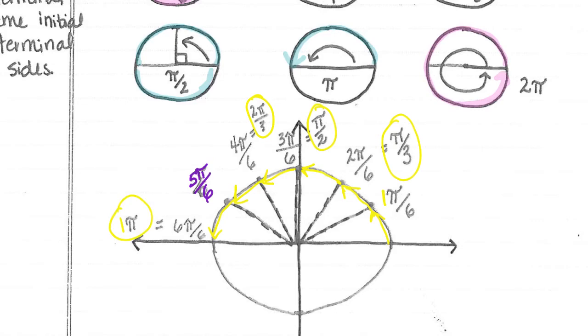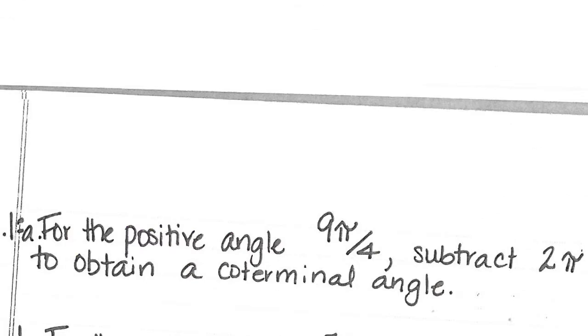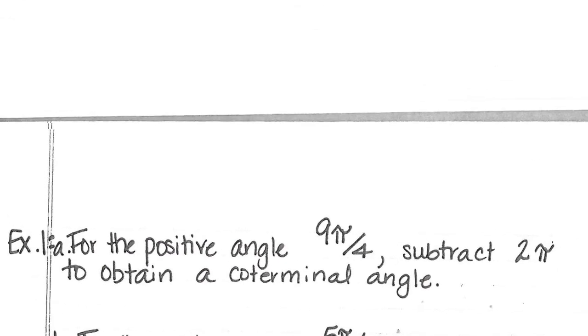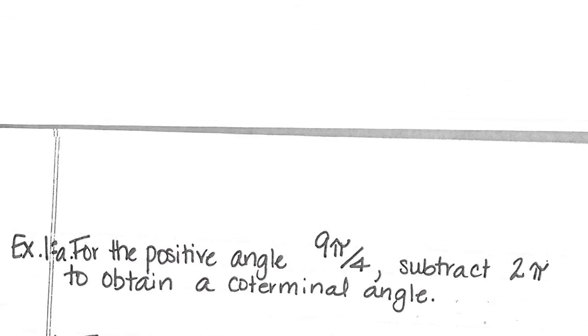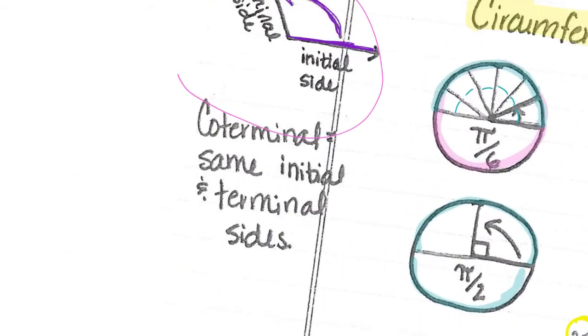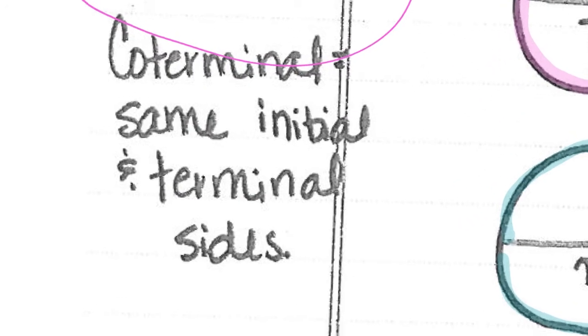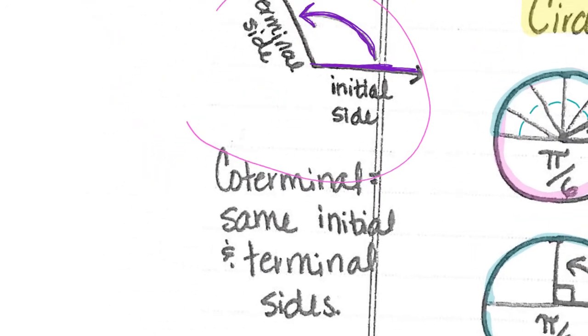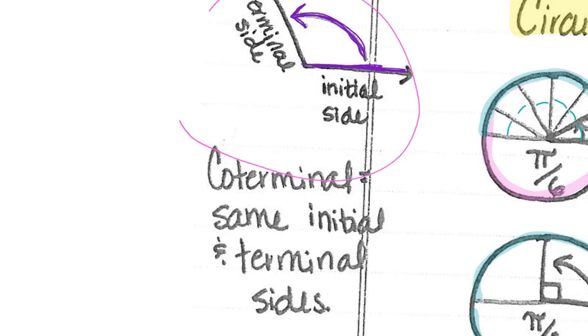So the first question says, for the positive angle 9 pi over 4, subtract 2 pi to obtain a coterminal angle. I love these questions because they literally tell us what to do. The first thing we have to know is, what is coterminal? Coterminal means that it has the same initial and terminal sides.